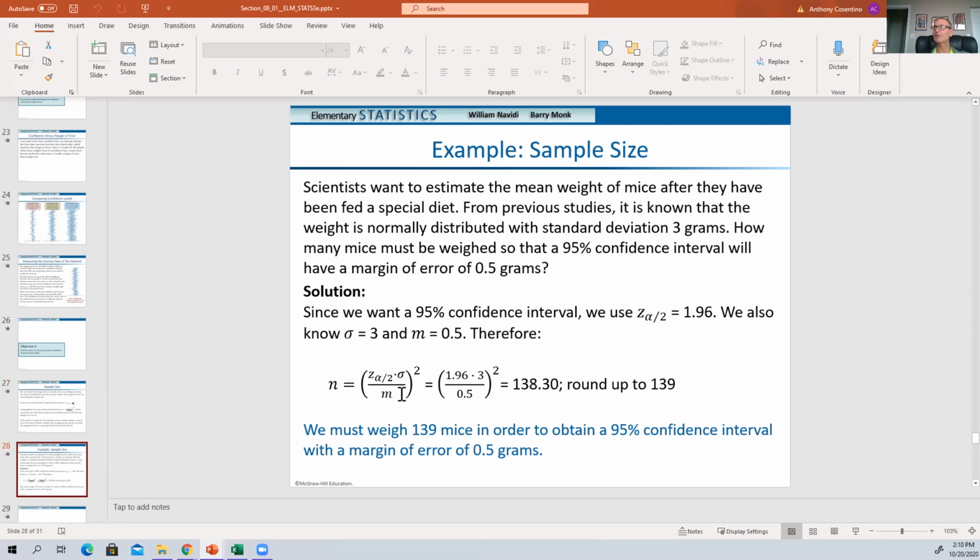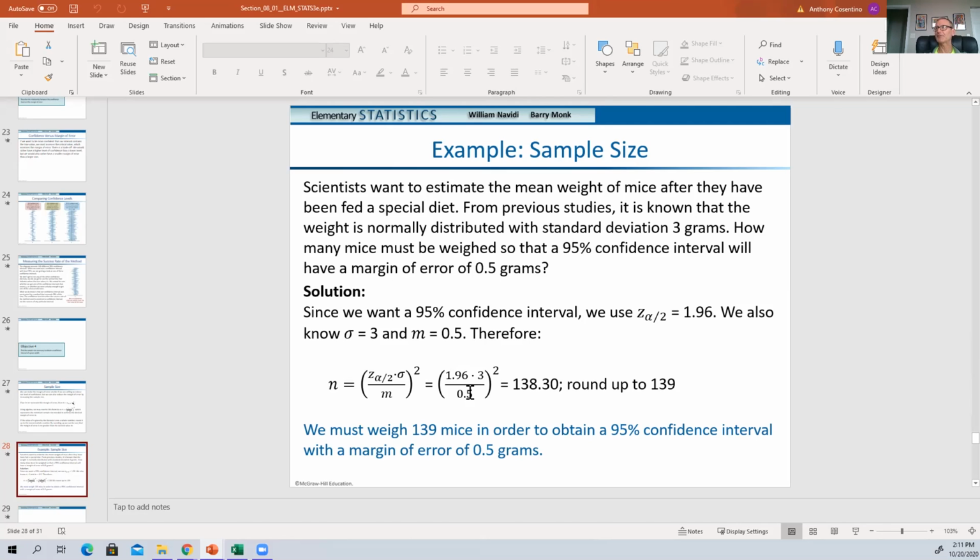So you just plug all those in: the z-score 1.96, standard deviation of 3, and the margin of error we want is 0.5. What would that mean? Well, we don't know what the mean is, but it'll be 0.5 above the mean and 0.5 below the mean. So if the mean was 10, it would be 10.5 and 9.5. See what I mean? That's what we mean by margin of error, plus or minus.